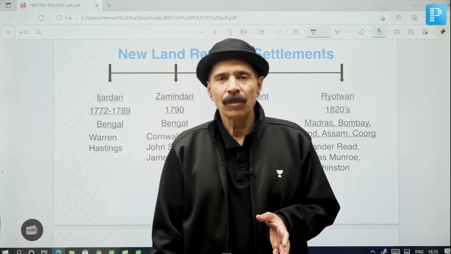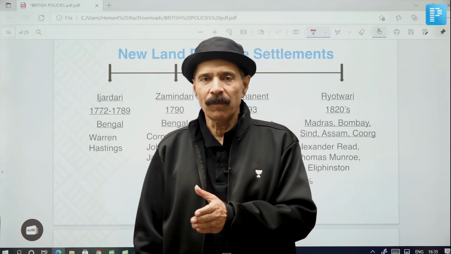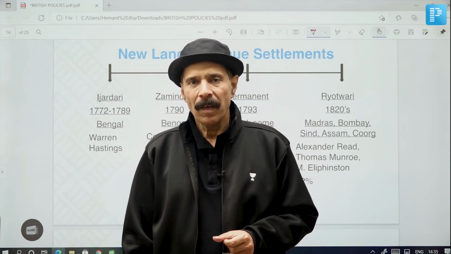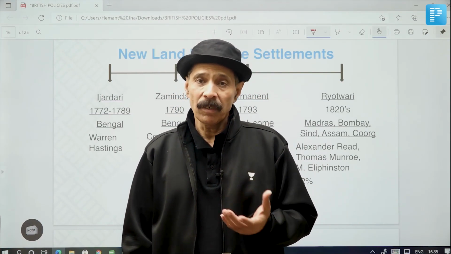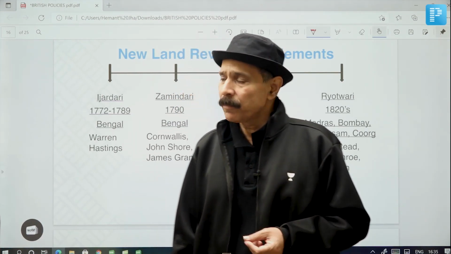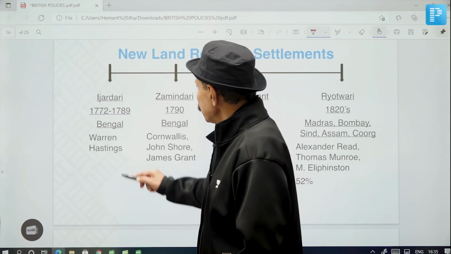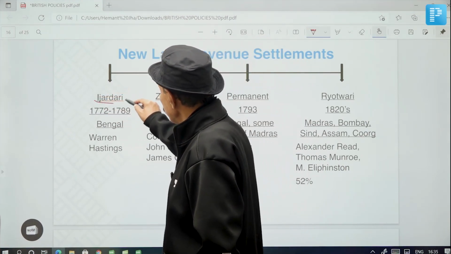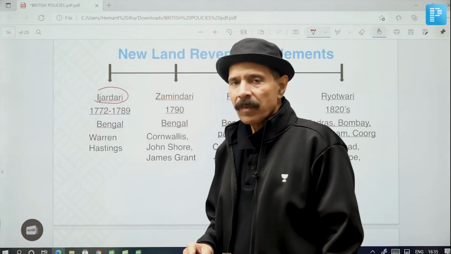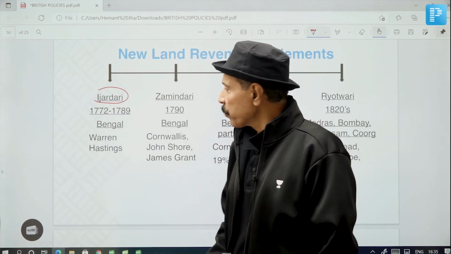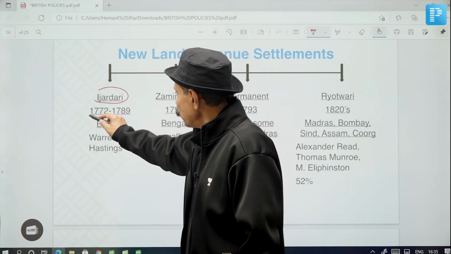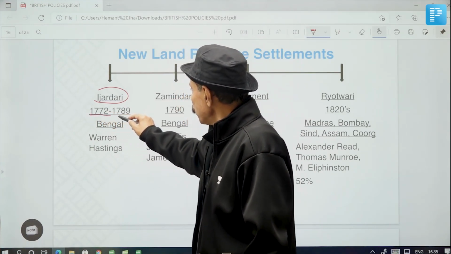The British introduced several new land revenue settlements, and these settlements are important for your exam. Take a look here. The first one is Ijardari, introduced by Warren Hastings in Bengal in 1772, and it continued till 1789.